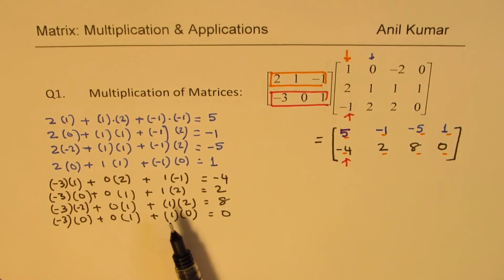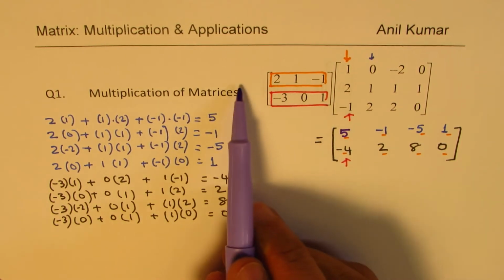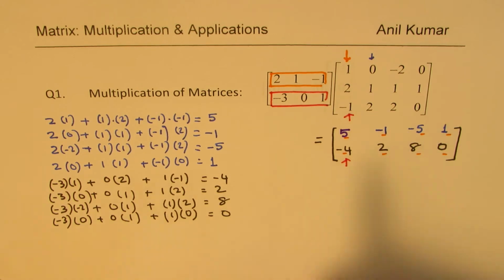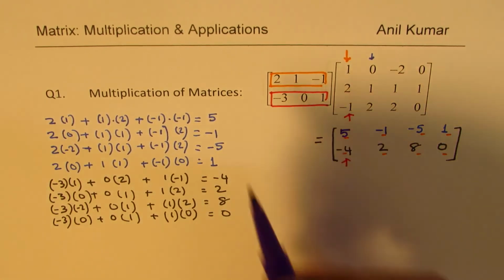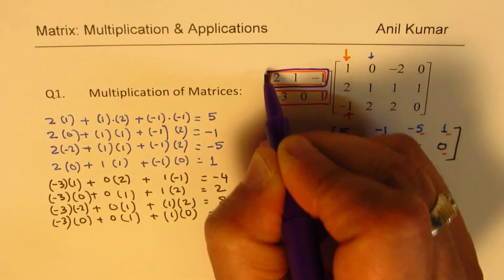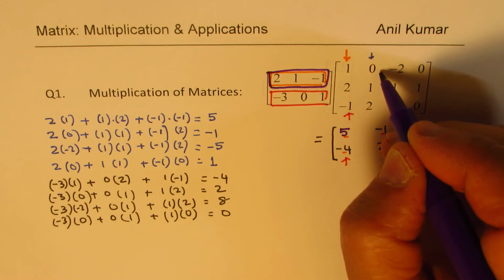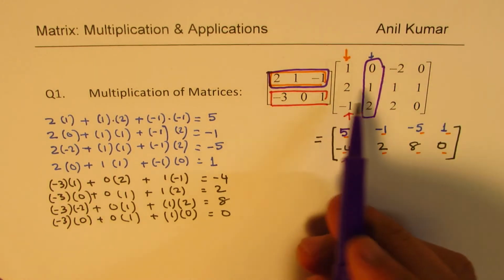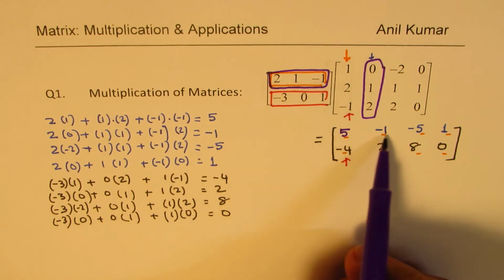However, the idea here is to see that each row should be picked up, multiplied with each column, right? So, once again, if I pick up, for example, first row, and let us say if I multiply with this column, where should I get the result? First row, second column.